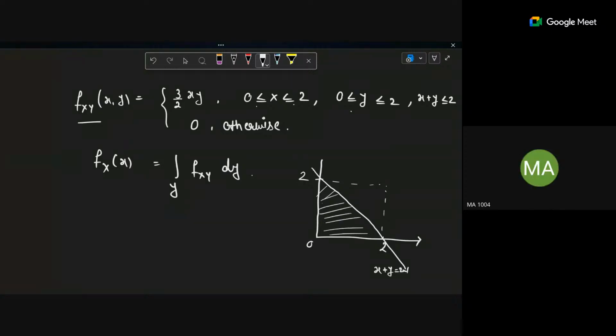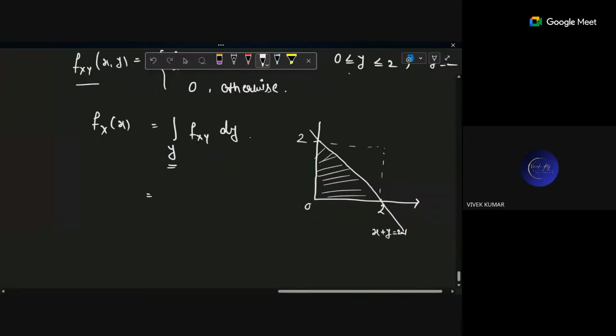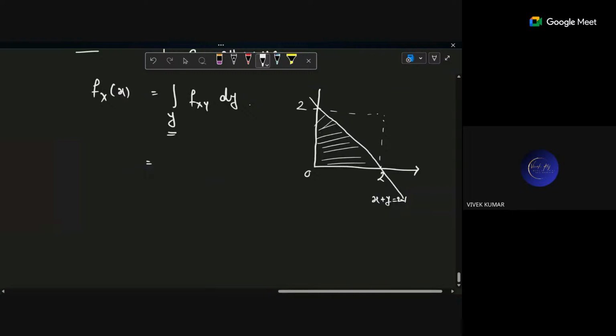Now you are interested in finding the range of y. What's the lower limit? What's the upper limit? Ma'am, lower limit is 0 and upper limit is 2 minus x.